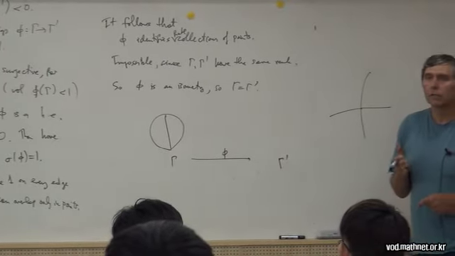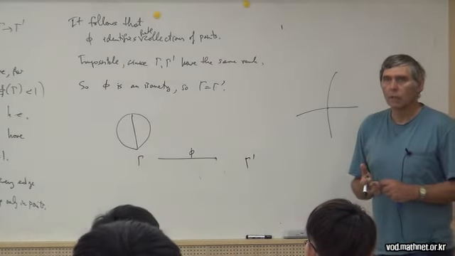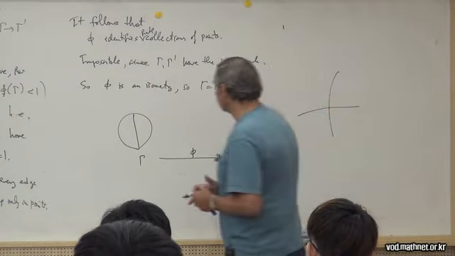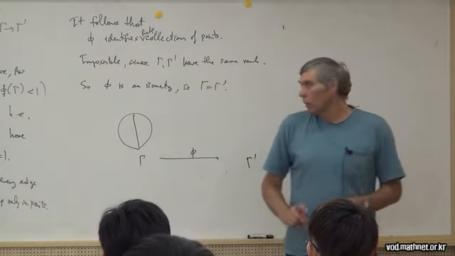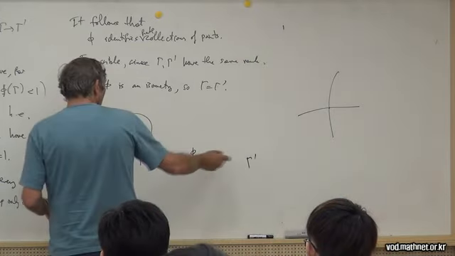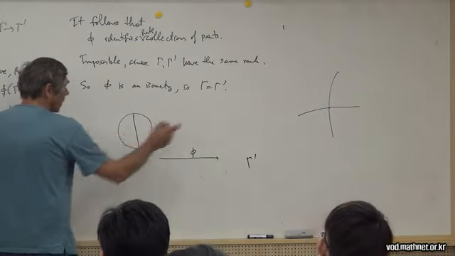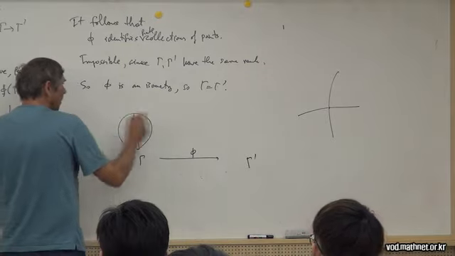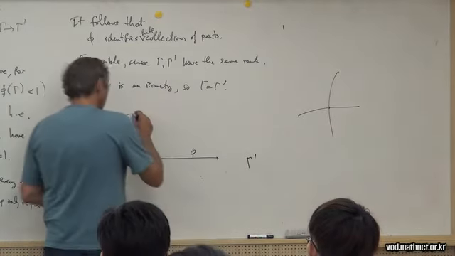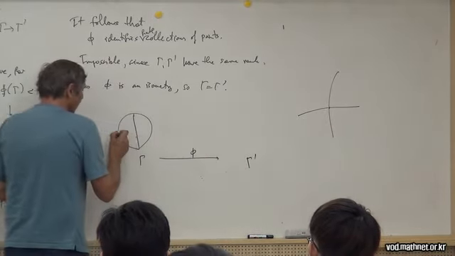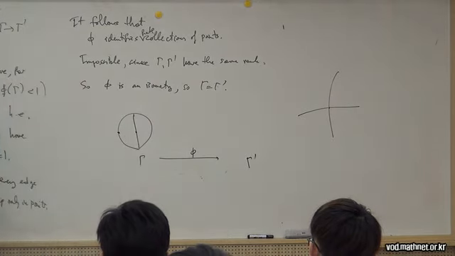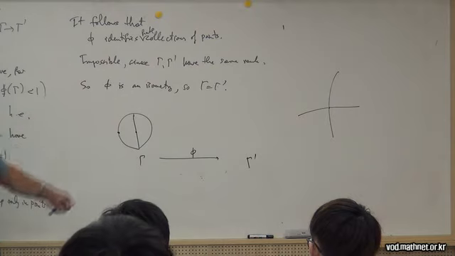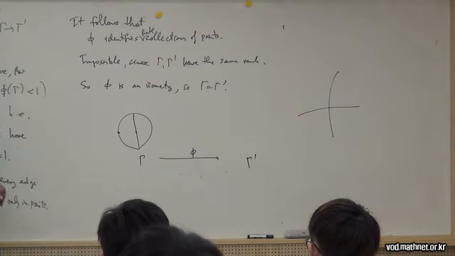The volume of the intersection must be 0. Otherwise the volume of the image would be less than 1. So in other words, gamma prime is obtained from gamma by identifying, like if I have this edge that goes this way and another edge that goes the other way, then some point over here is identified with some point over here. And there may be other pairs like this, but finitely many.